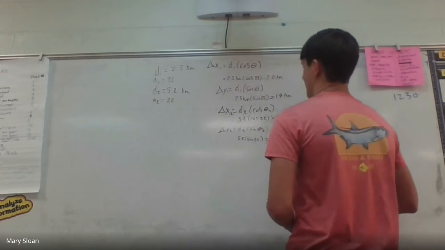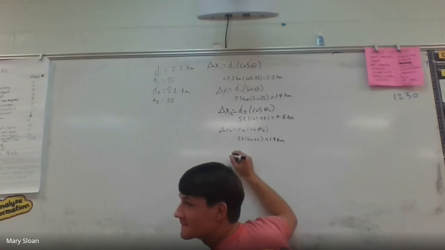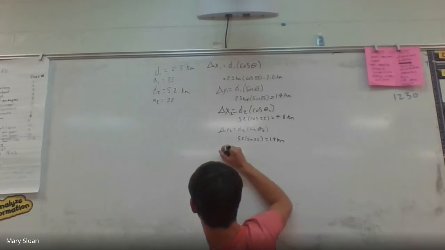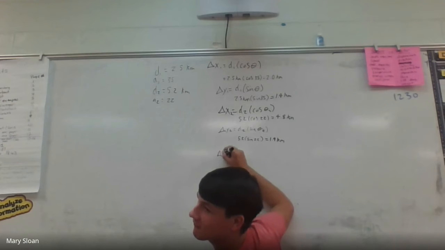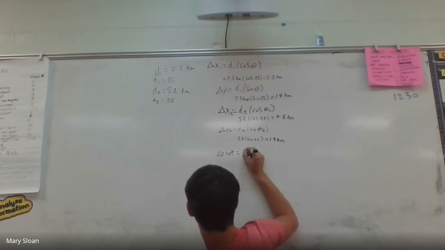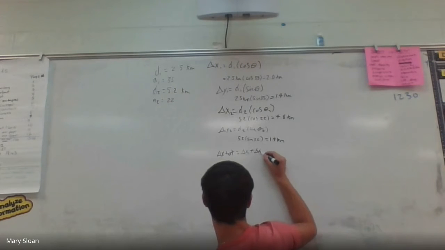Change in X total. The triangle X total equals the change in X1 plus the change in X2.